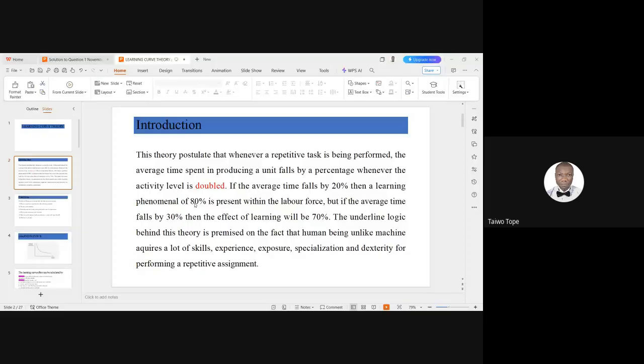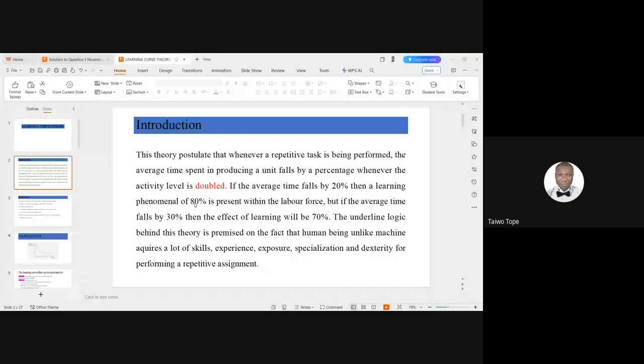At that point, the learning curve will be zero because you won't be able to improve further than where you are, and at that point, we can say you're an expert. You keep performing at that level, using the same hours over and over again, because you have gained mastery of what you are doing.